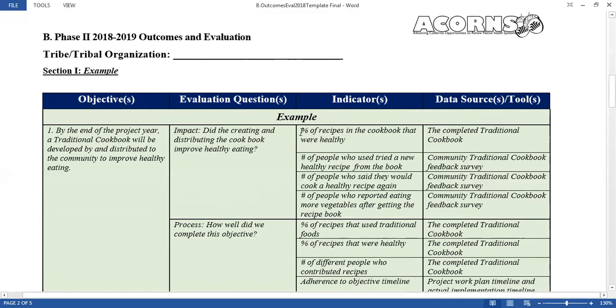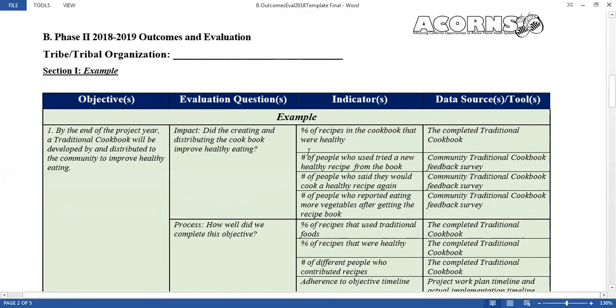So for this first one, percent of recipes in the cookbook that were healthy, you could get that from your completed traditional cookbook, right? You would just take the cookbook you created and know the number of total recipes in there, and then get what percentage of healthy recipes out of that total there are. And that would be your data source for that indicator.